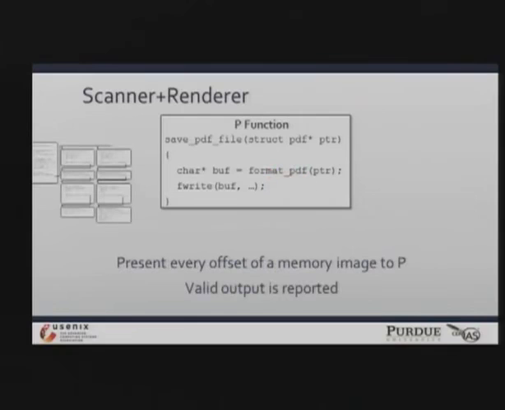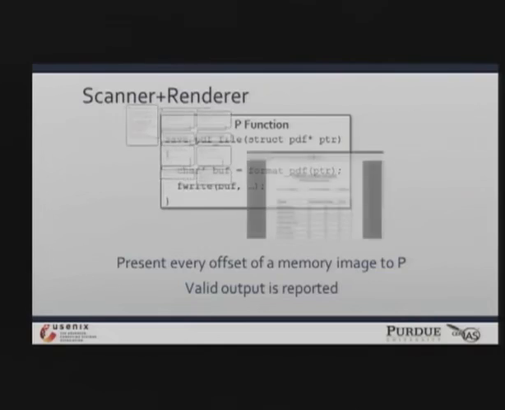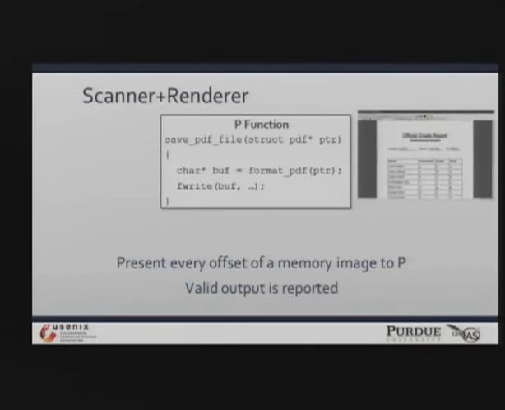Based on this intuition, we want to present every offset in a memory image to the P function. Eventually, we're going to hit that data structure instance that's frozen in the memory image. And for that, P is going to render the natural application output that would have been generated by that application with its data frozen in the memory image.